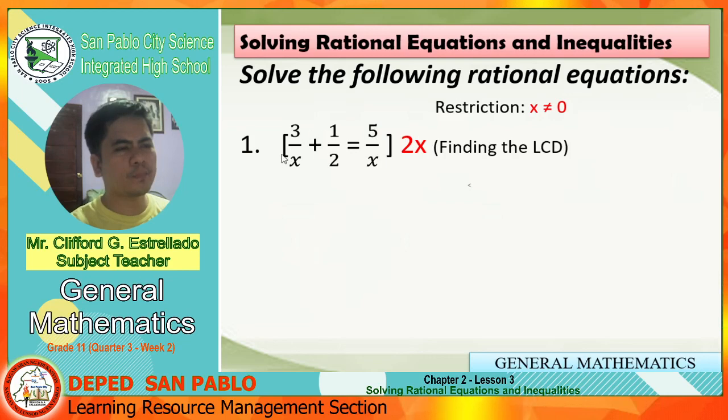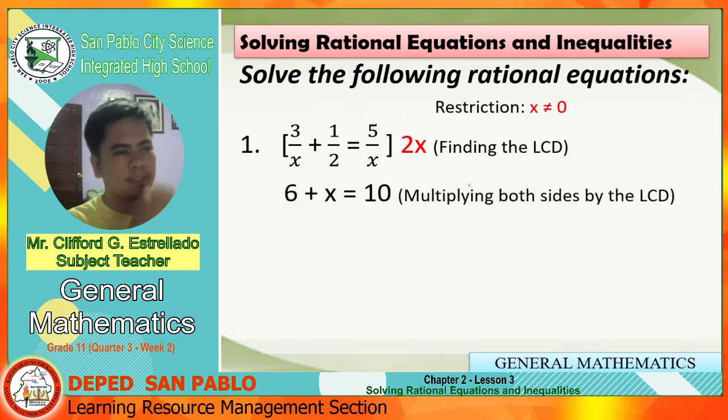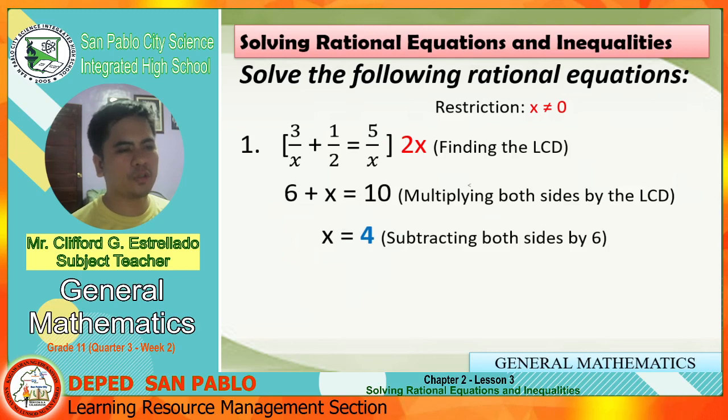So we are multiplying both sides of our equation by the LCD for us to get rid of fractions. Okay? So we have now 6 plus x is equal to 10. Then after multiplying both sides by the LCD, we will now solve the equation. So subtracting 6 from both sides of the equation will give us x is equal to 4.